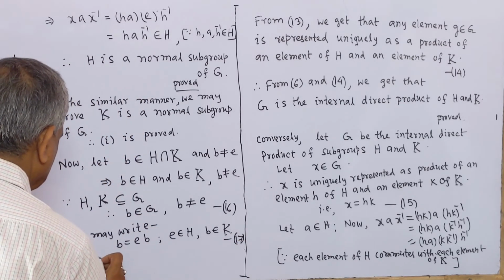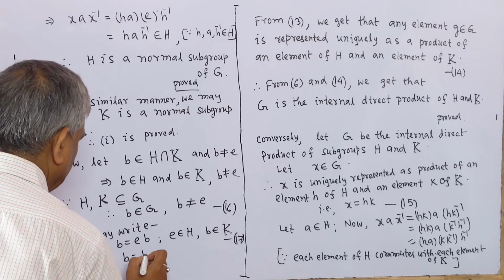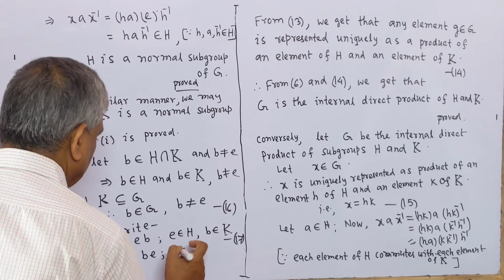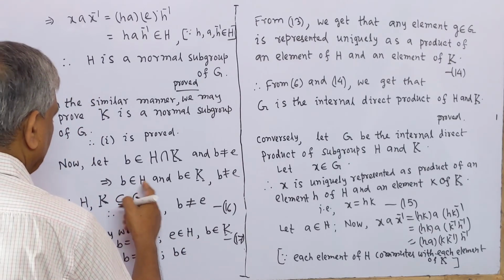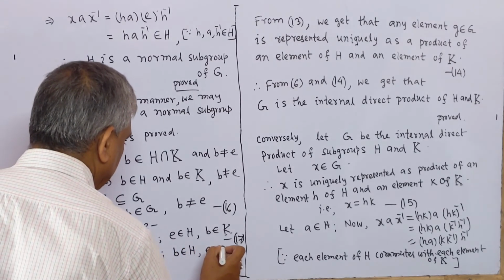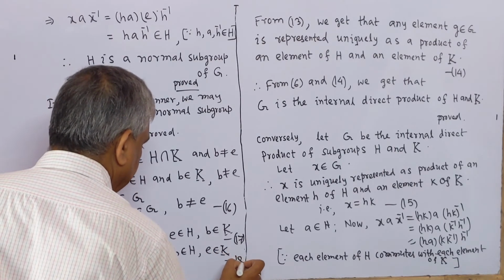Also, B equals B E, where B belongs to subgroup H and E belongs to subgroup K. This is number 18.